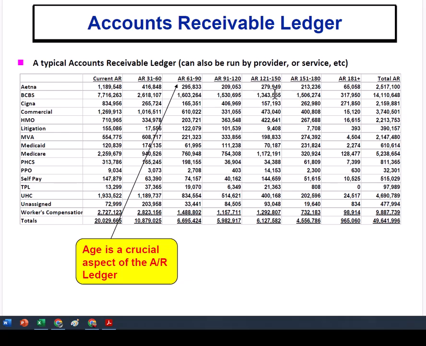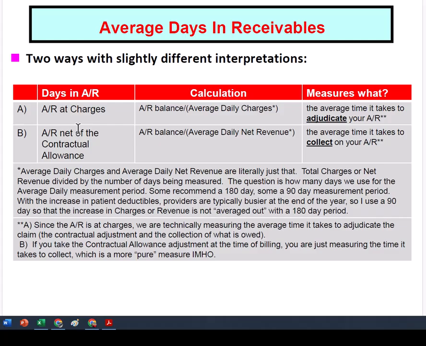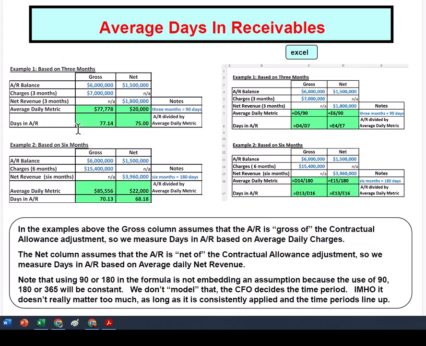We've got our accounts receivable. The concept of aging is crucial. We talked about payer mix. If certain payers pay higher than others, and you have a shift from a higher to a lower payer. We talked about days in receivables, average days in receivable, how long it takes on average to get paid.